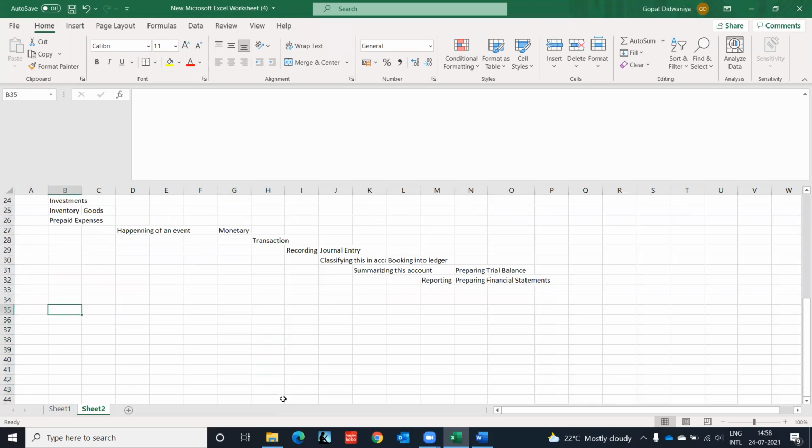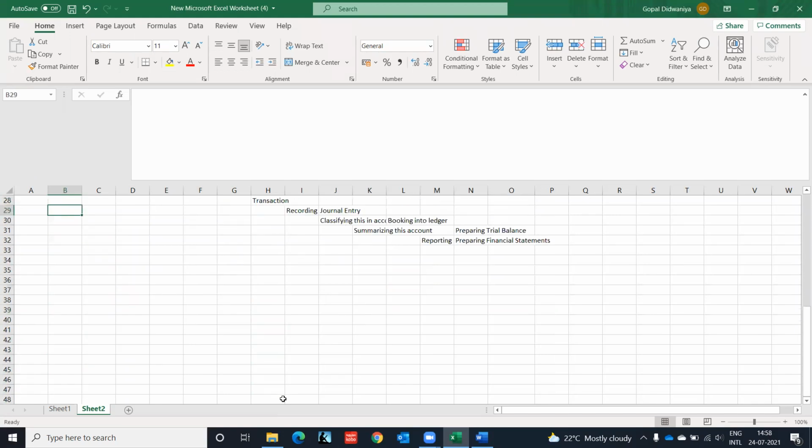Okay. So now we will go through what Oracle Financial is about. This is an ERP system. Enterprise, you understand, is a big company or group.